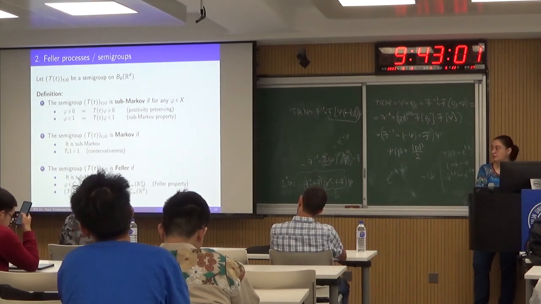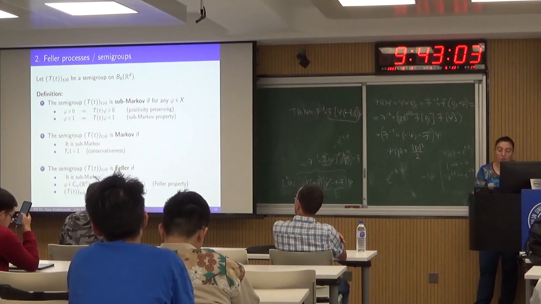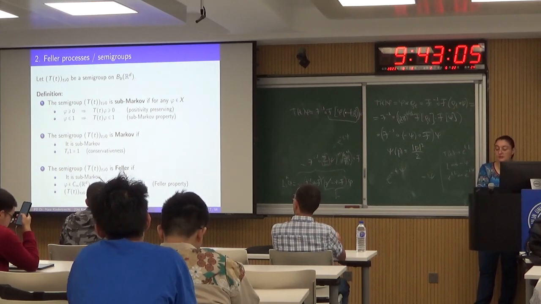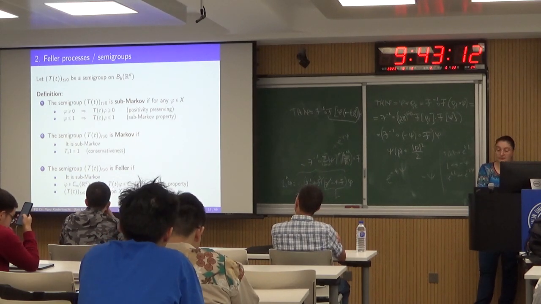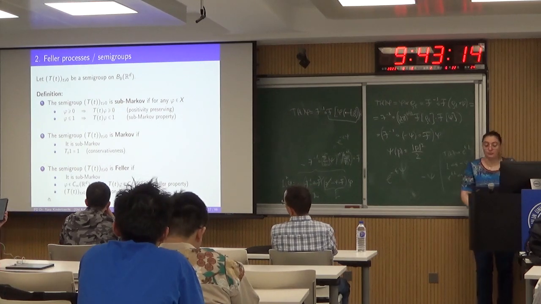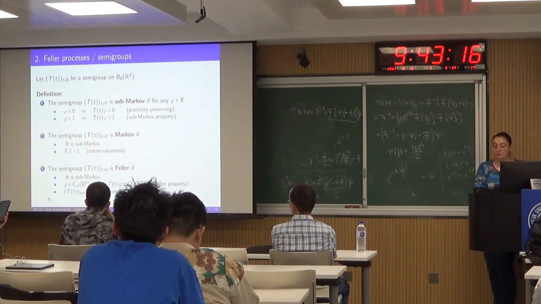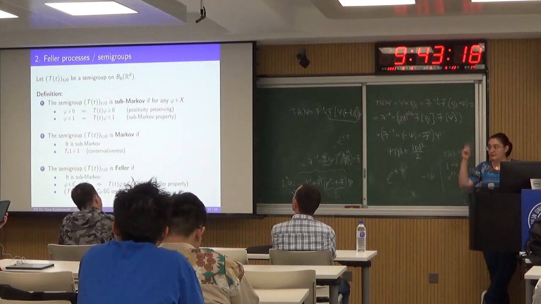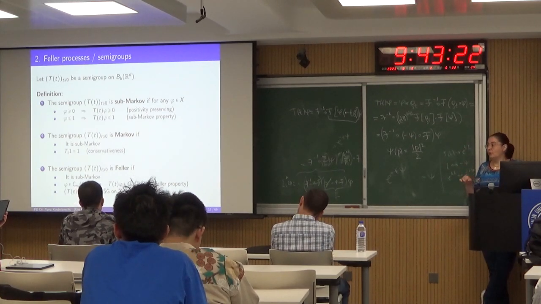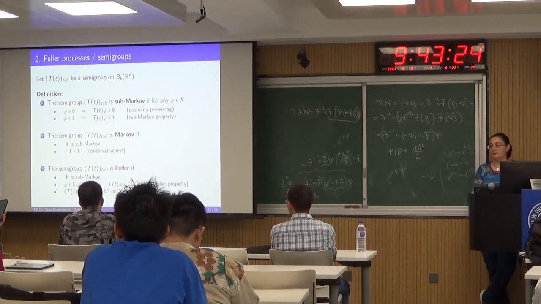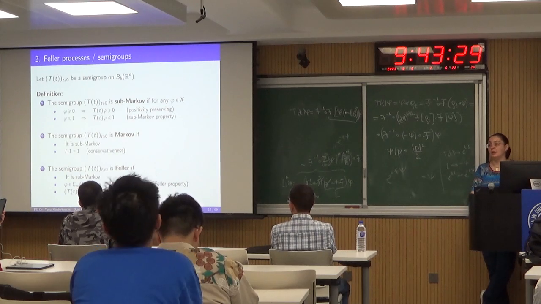And the third property is that restricted to this space C infinity, the semigroup becomes strongly continuous. So this is the Feller semigroup: a sub-Markov semigroup which keeps C infinity invariant and is strongly continuous on this space C infinity. And recall C infinity is the space of continuous functions vanishing at infinity.